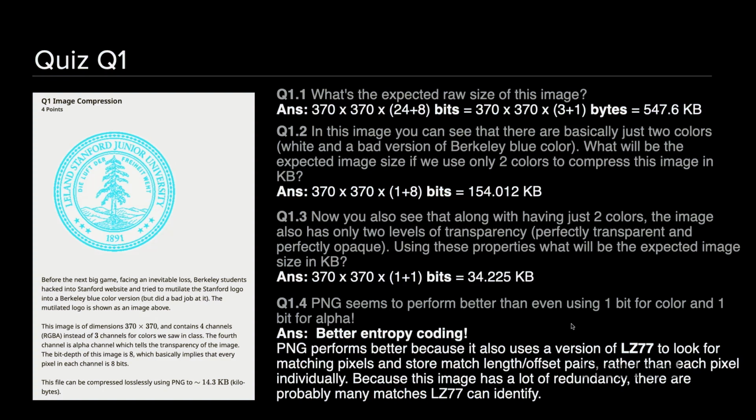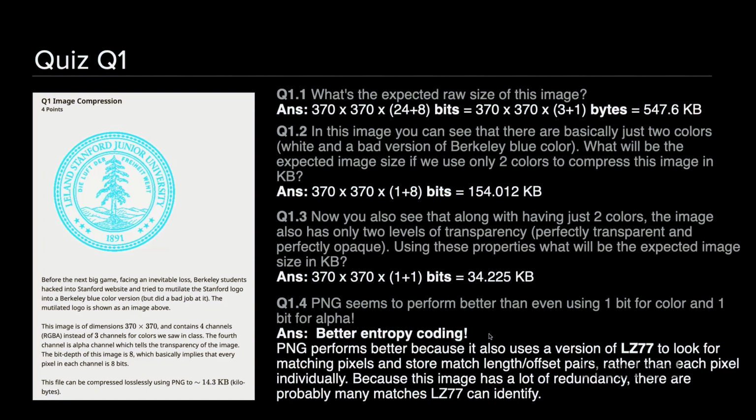The question asked why. We didn't really talk about PNG in the class. Now that you know about JPEG, the idea was to guess how you can do even better, and why this lossless compressor is performing so much better. There are lots of correct answers, but the basic idea we were looking for is that PNG does much better entropy coding than JPEG.